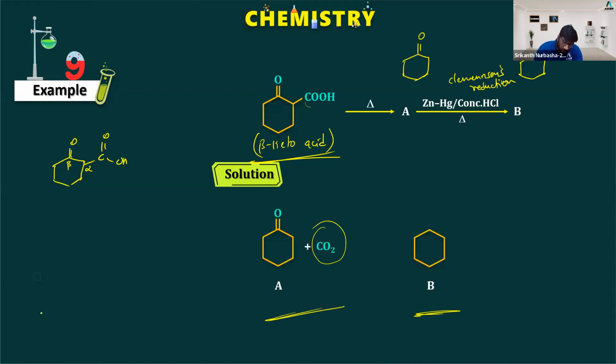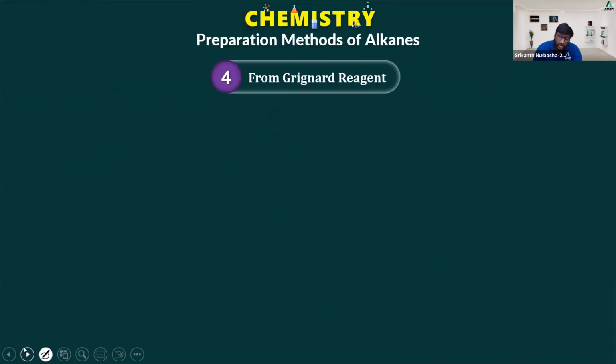Right. Next one is the preparation of alkanes using Grignard agent. Grignard agent will try to pick up the proton which is acidic. An acidic proton is one which is connected to a more electronegative atom like nitrogen, oxygen, fluorine, sulfur, chlorine and others.